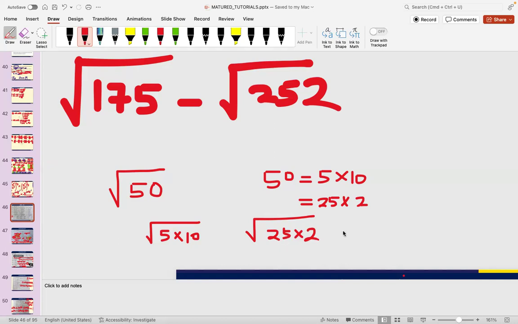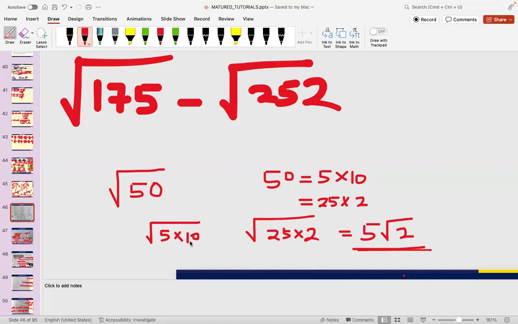Now, when you take this one, square root of 25 will give you 5. So the 5 will come out. And then the only thing left inside the square root will be 2. The 25 has gone out because you've been able to find the square root. So it has reduced nicely: the square root of 50 has reduced nicely to 5 outside and 2 inside.